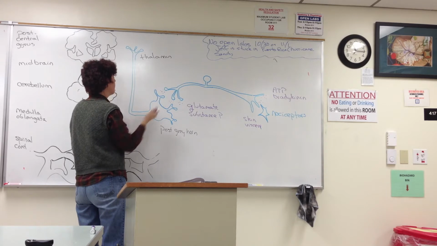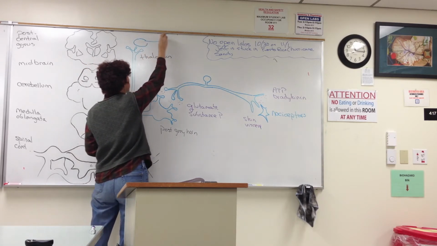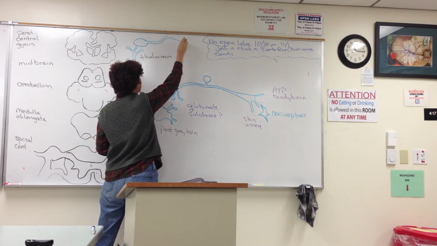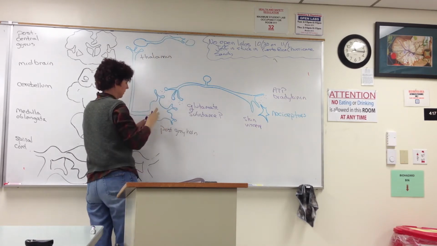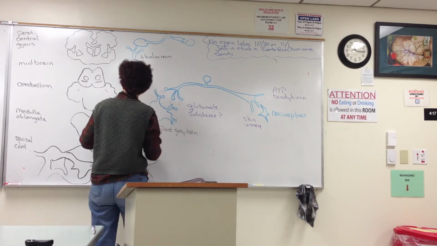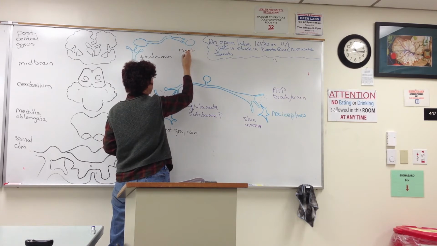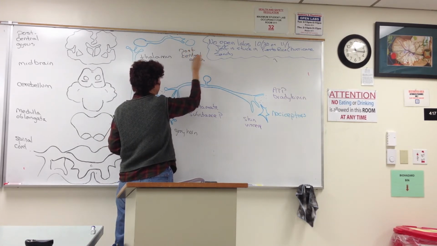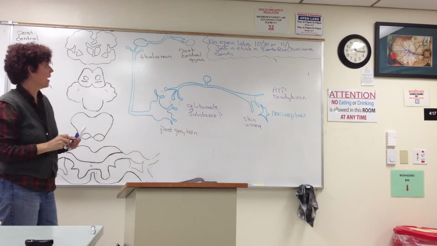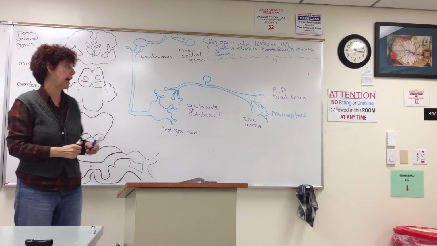And then the cell bodies of the thalamus are going to go to the postcentral gyrus. I know it doesn't look anything like this pathway over here, but it's following the same. Okay. So this is the lateral spinal thalamic tract.